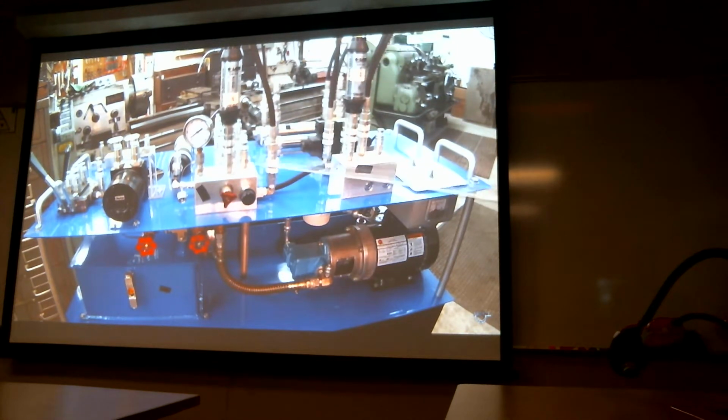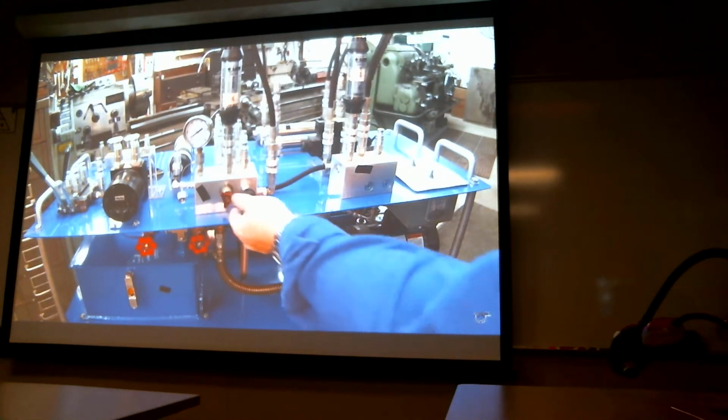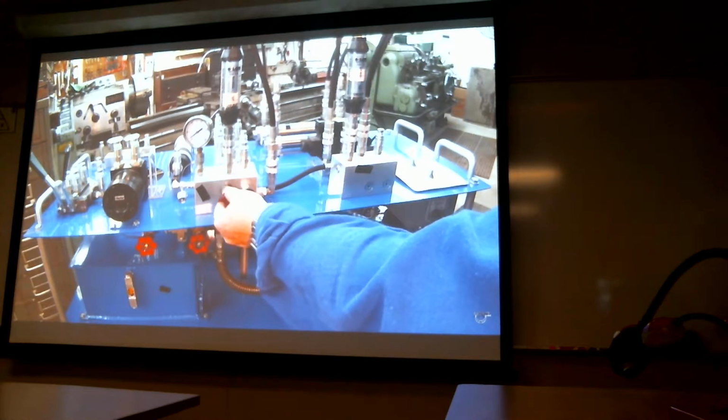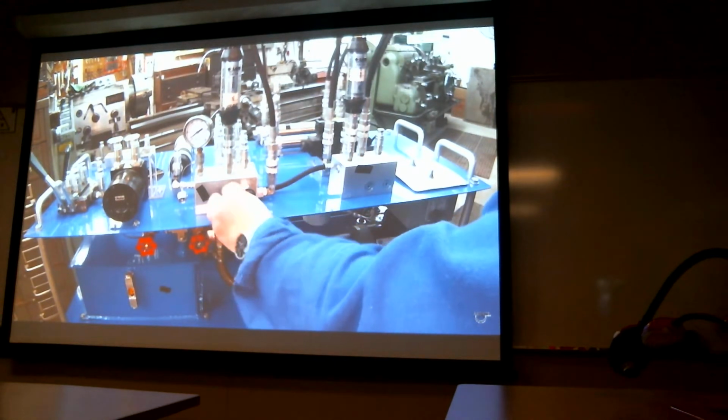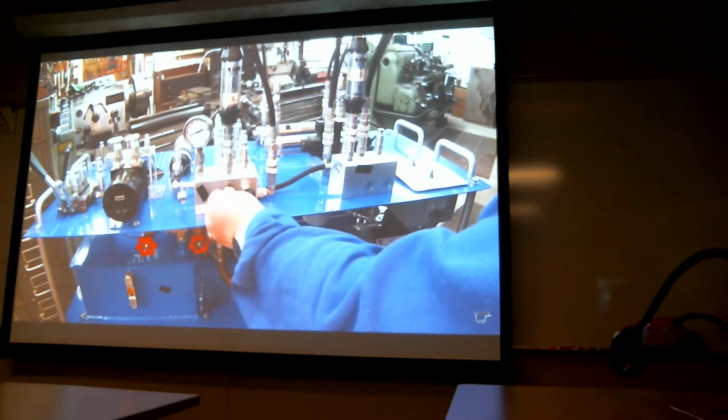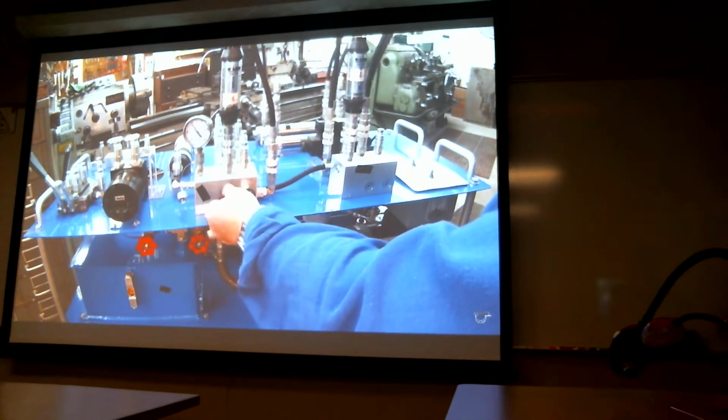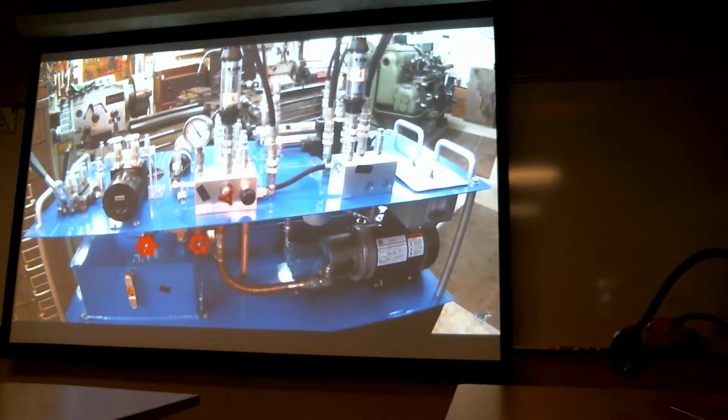The only way you see pressure in a hydraulic system is when it has a resistance. So I'm going to shut this and make the resistance come back, and you'll see that pressure go back up. So what I just demonstrated is pumps don't pump pressure.